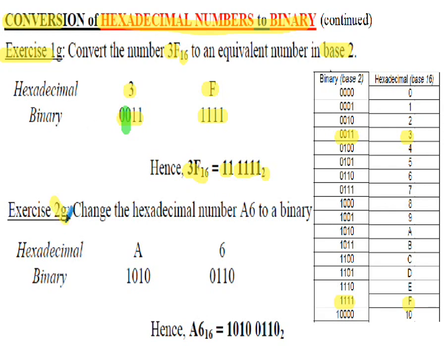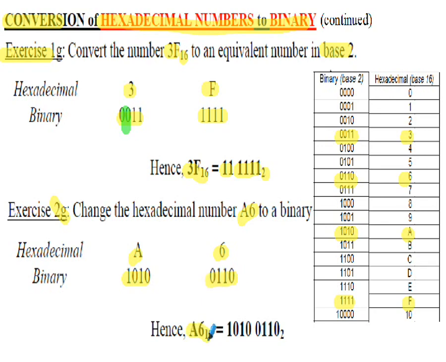With exercise 2G, we're given a hex number of A6 to convert to binary. What we do again on our table is look at the value of A in hex and read off the binary equivalent. So A is 1010, and then look at the value of 6 in hex, which in binary is 0110.